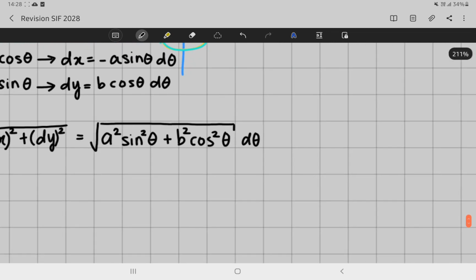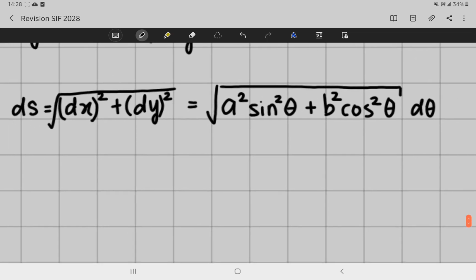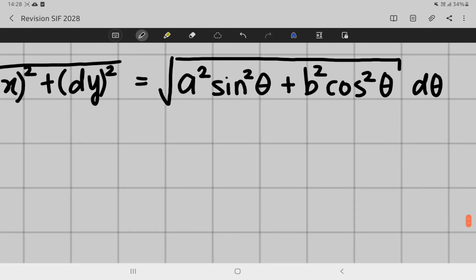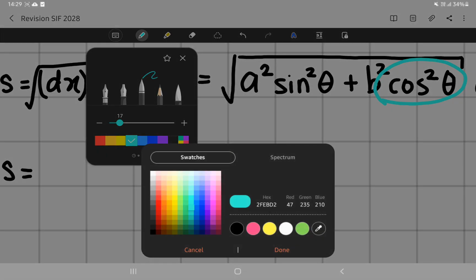It's very simple. Using the relation sine squared theta plus cosine squared theta equals 1, we can simplify this. I want to change cosine squared theta to 1 minus sine squared theta.